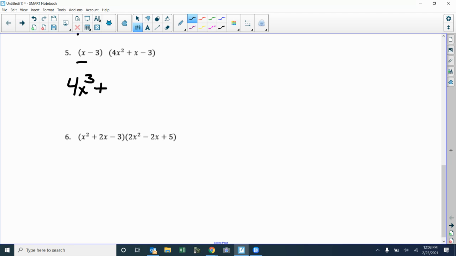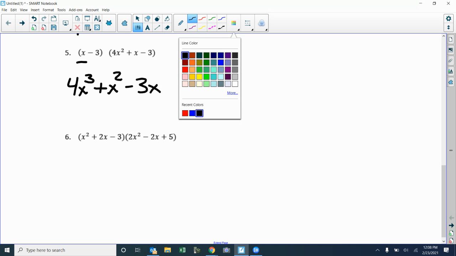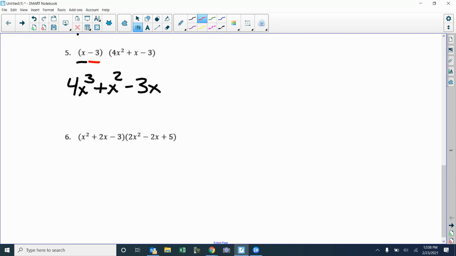X times x will be plus x squared, and x times negative will be minus 3x. Negative 3, we're going to take that negative along. That's going to give me negative 12x squared. That's going to give me negative 3x, and then I'm going to end up with positive 9. So those are your 6 terms coming out of taking the binomial times the trinomial.